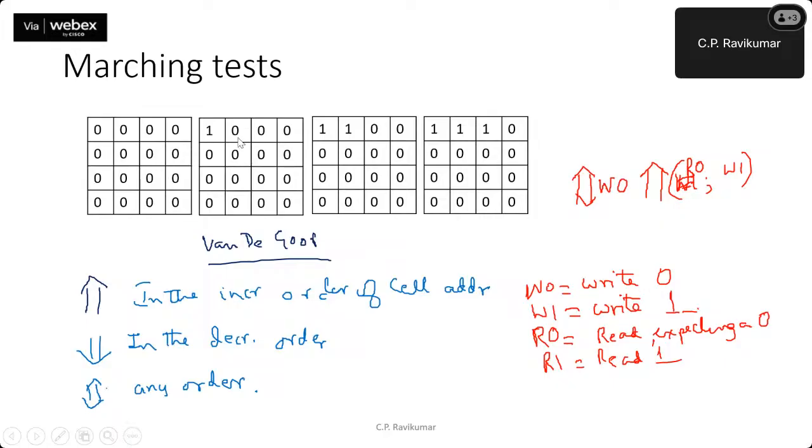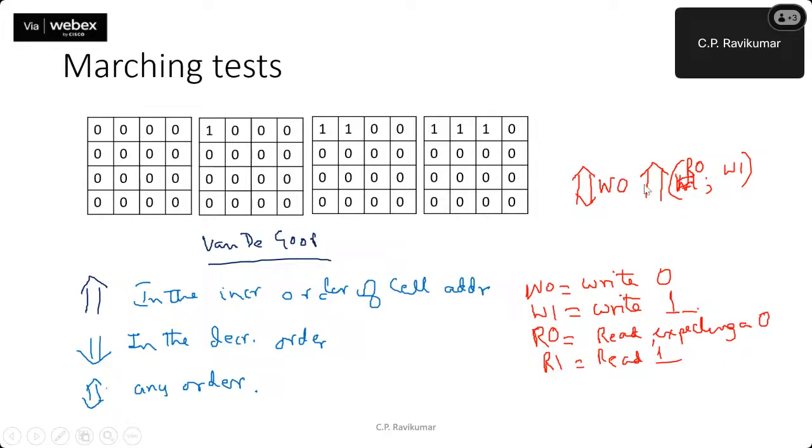So I'll now go to the next cell and I'll again see whether it is still a 0. It may have become 1 because maybe the cell has a stuck at 1 fault, or maybe there's a coupling between these two cells. Okay, there is a CFID or a CF inverter fault between these two.